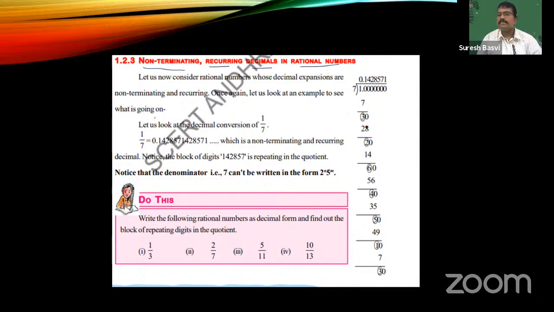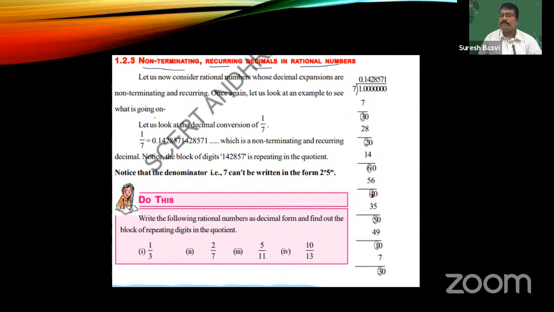Okay, next 7 4 28, again 2 is the remainder. Again we have to put 0 beside 2. 7 2 14. Next 6 is the remainder. We have to put 0 beside that. 7 8 is 56.